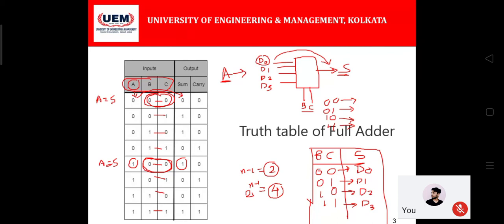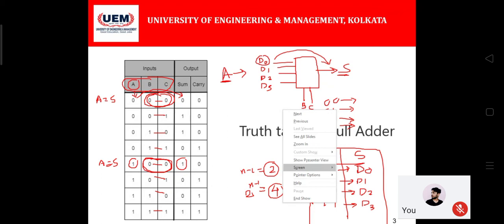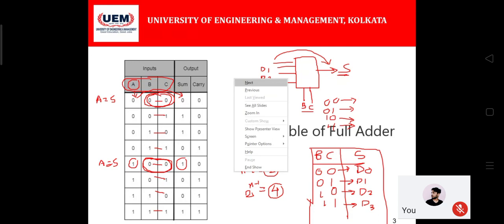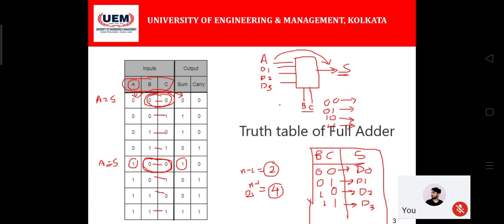Now, as the sum is following the value of A, instead of writing this one as D0, I can remove that and write down the value A instead of D0. Now try to find out what is happening when we try to match these two truth table iterations in the multiplexer itself and see whether it's producing the output of the sum in the proper way or not.